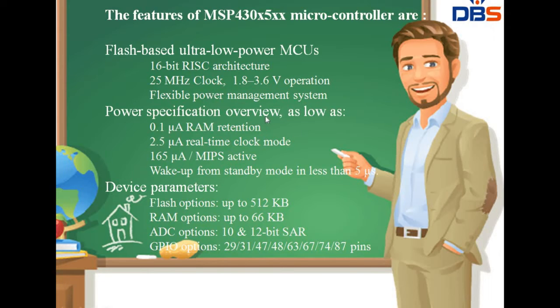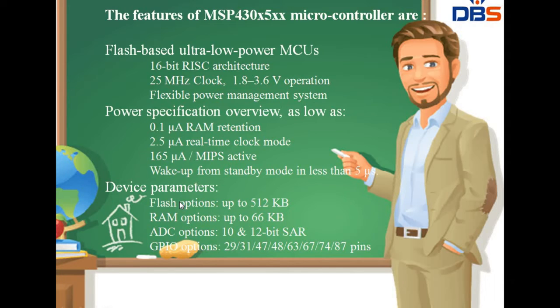Coming to the power specification, as we have already known, it is 0.1 microamps for RAM retention, 2.5 microamps for real-time clock mode, 165 microamps per million instructions per second in active mode, and less than 5 microseconds for wake up time, which is very useful.